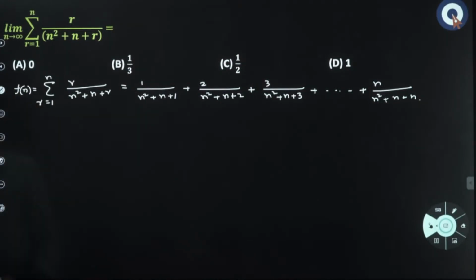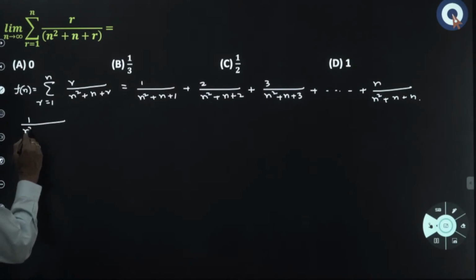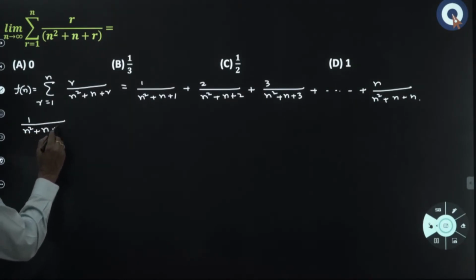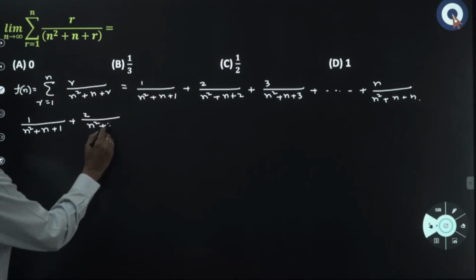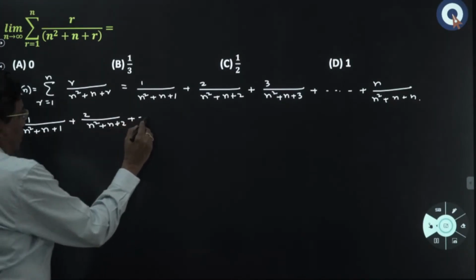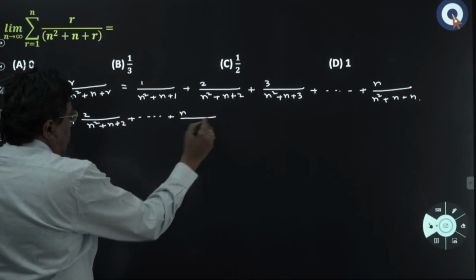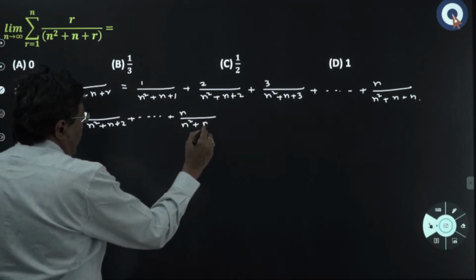Okay. Now if you consider this, this one is less than, once again I will write for your clear understanding, 1 by (n square plus n plus 1) plus 2 by (n square plus n plus 2) plus so on, plus n by (n square plus n plus n).